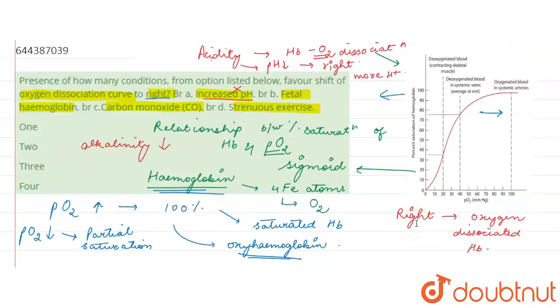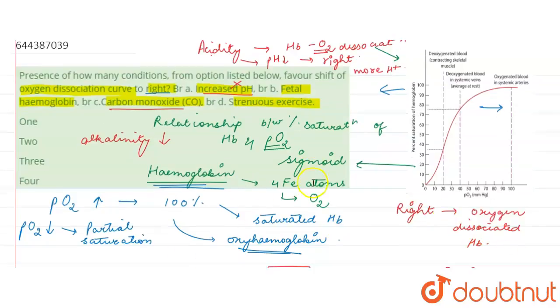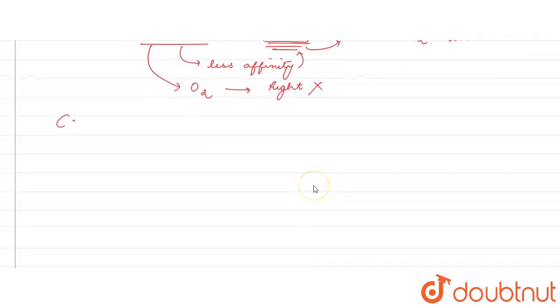Then third option here is carbon monoxide. Now carbon monoxide has higher affinity for binding with hemoglobin molecule. So when carbon monoxide is present, it binds with hemoglobin.